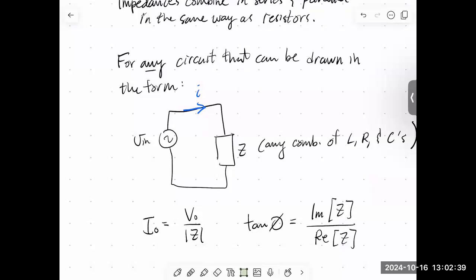For our series circuit, it's just the sum of the impedance of the capacitor, resistor, and inductor. And in that case, the amplitude of the current that we're going to get will be the amplitude of the input voltage divided by the magnitude of the impedance. And the phase, or the tan of the phase, will be the imaginary part of the impedance divided by the real part of the impedance.